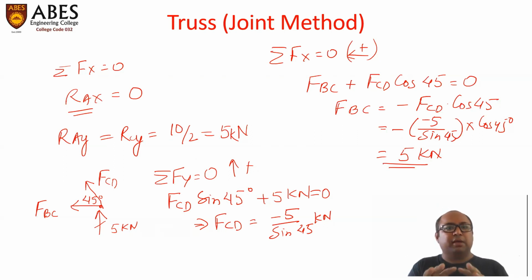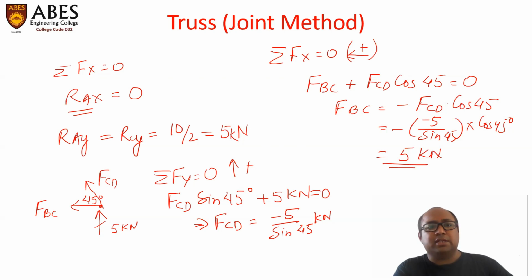Okay, so let me summarize what I have done. The first step is to check whether the truss is determinate or not, to apply the Newtonian method. Once you have judged that the truss is determinate, then you can go for finding the reactions at the support. That reaction could be found by many methods. You can use the concept of equilibrium, or the concept of symmetry, as I have done here.